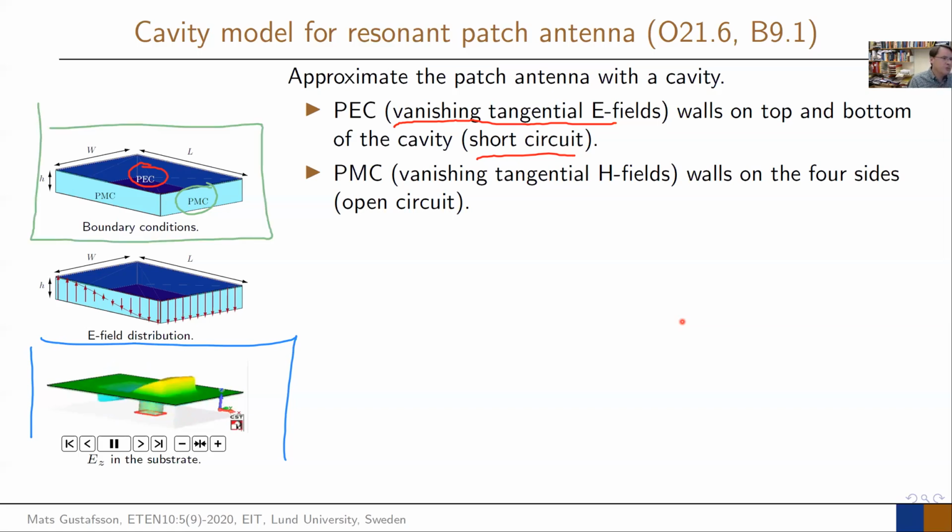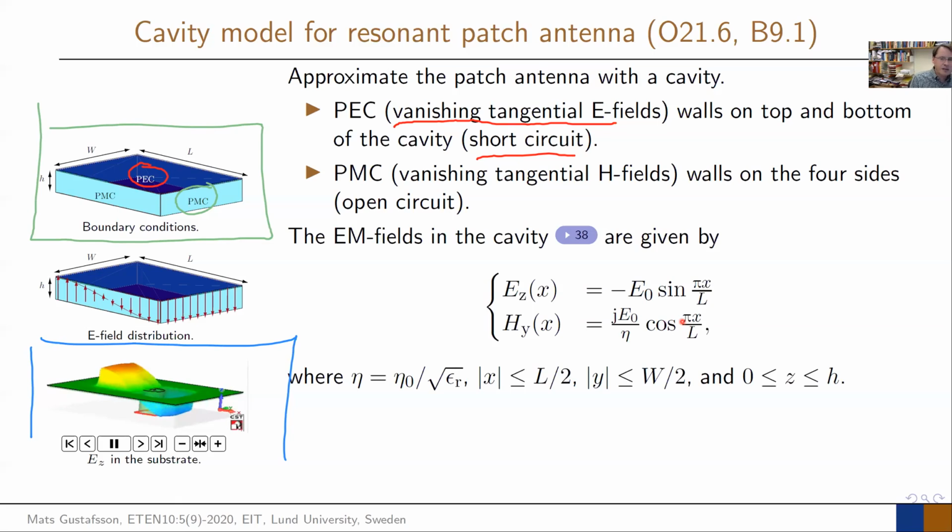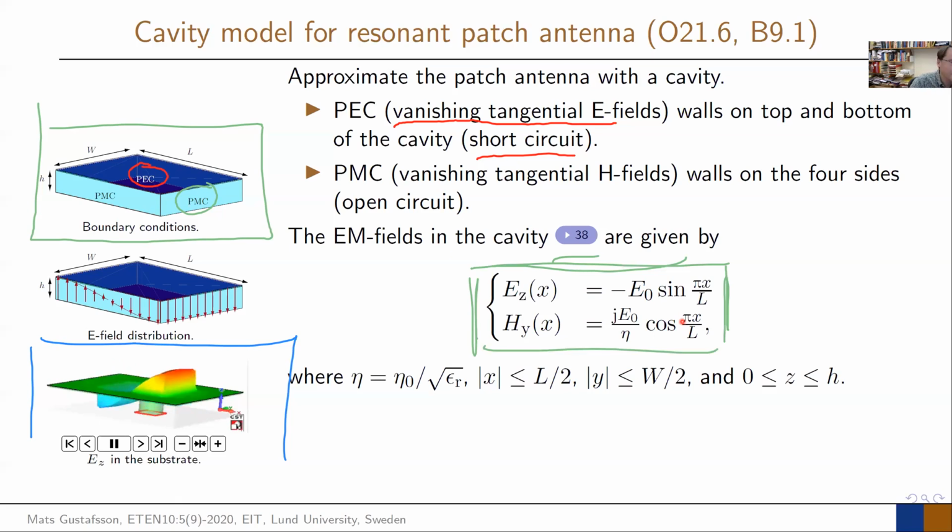We can ask what kind of electromagnetic fields can exist inside of this cavity. And that is done in the appendix. So I will not go through that here, but you can take a look at it. And you can actually see that the solution to Maxwell's equations in this case can be written like this. So here we actually have what the electric and magnetic fields are.